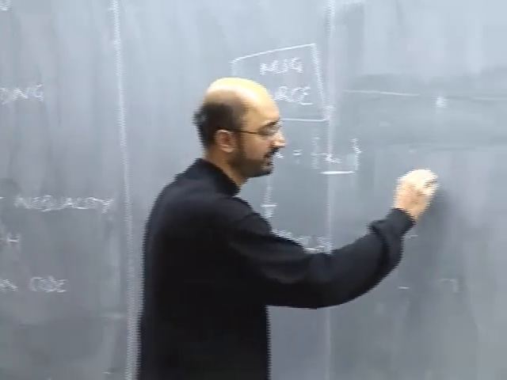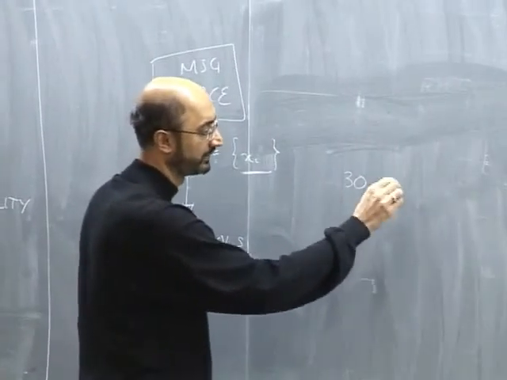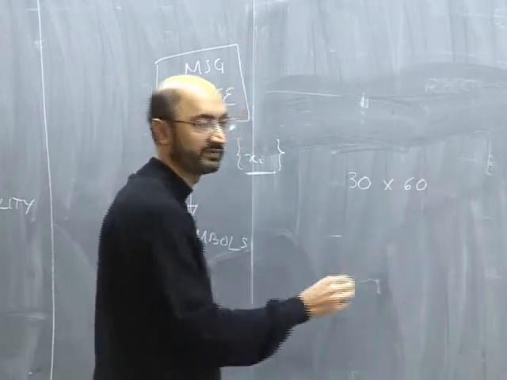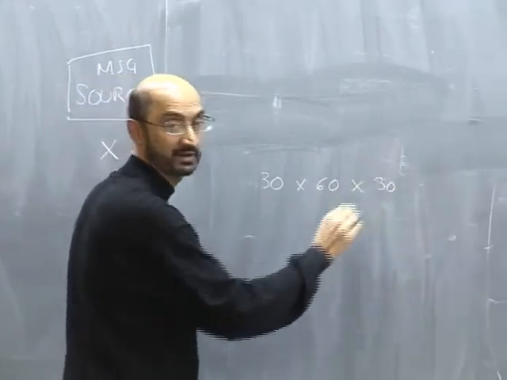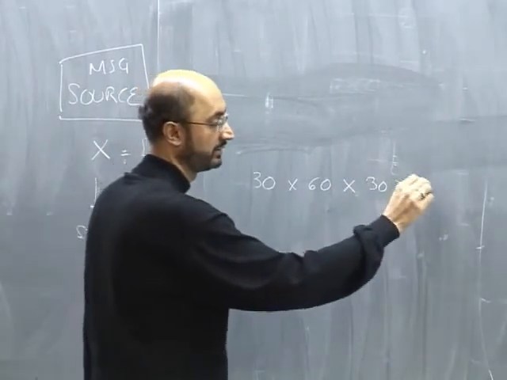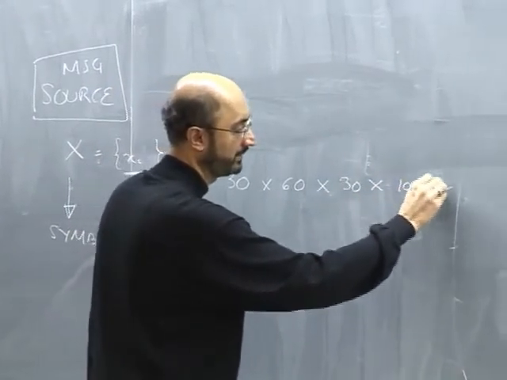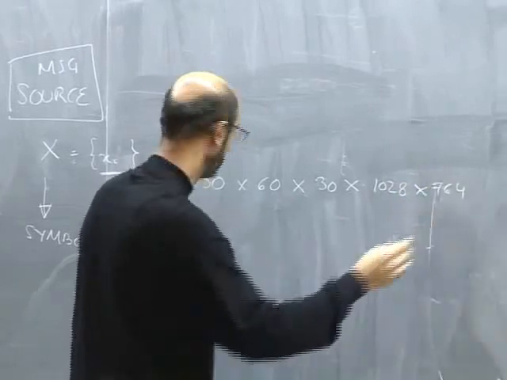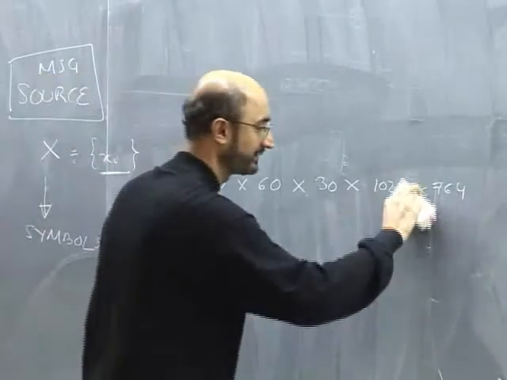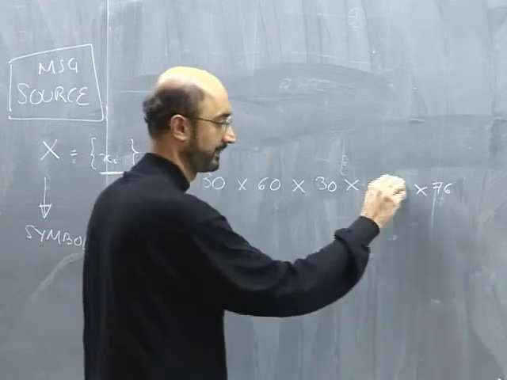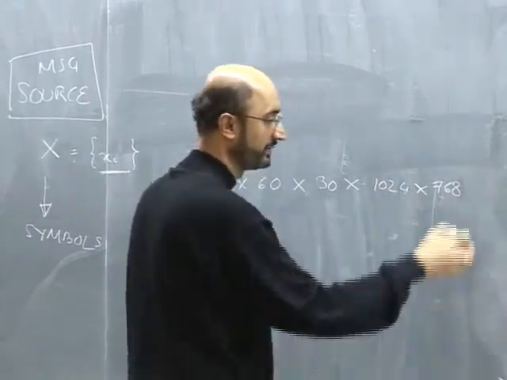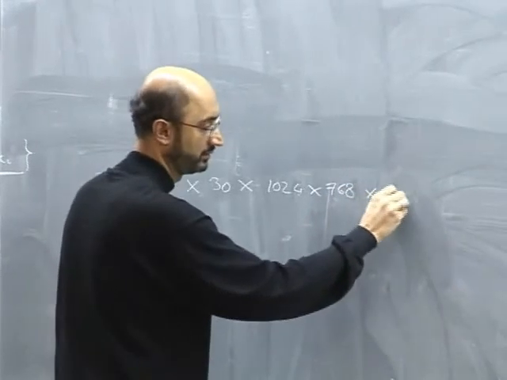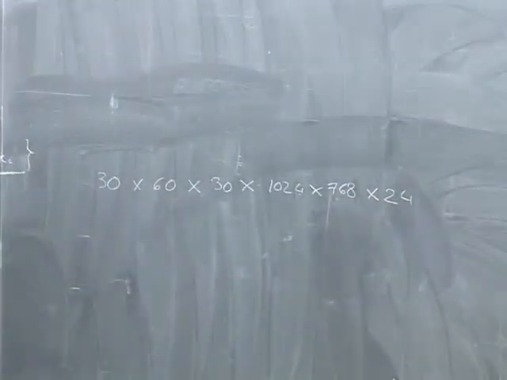So we get half an hour, times 60 seconds per minute, times 30 frames a second, times 1024 by 768, the number of pixels, and each is a 24-bit pixel. So that's the total number of bits that I'm going to send to you.